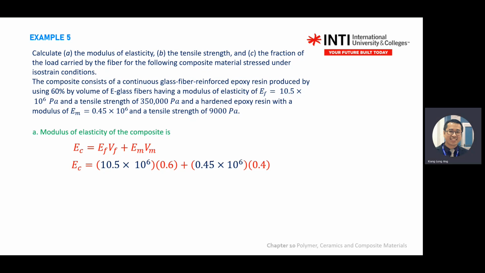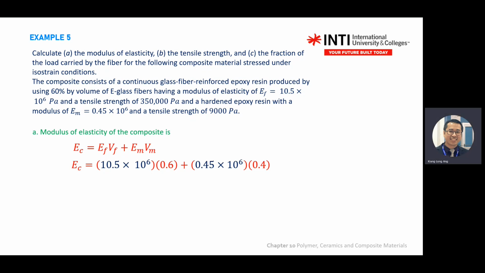Here it gives you the fraction already, right? Now it gives you 60%. 60% of fiber means if you draw a diagram, your fiber is 60%, so matrix will be 40%.